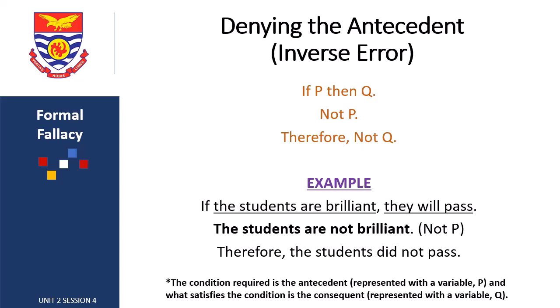This also commits an error. Now, you should know perfectly that from modus tollens, you deny the consequent, you don't deny the antecedent. So in this case, where the antecedent is being denied, it actually doesn't follow that the consequent will consequently be denied.